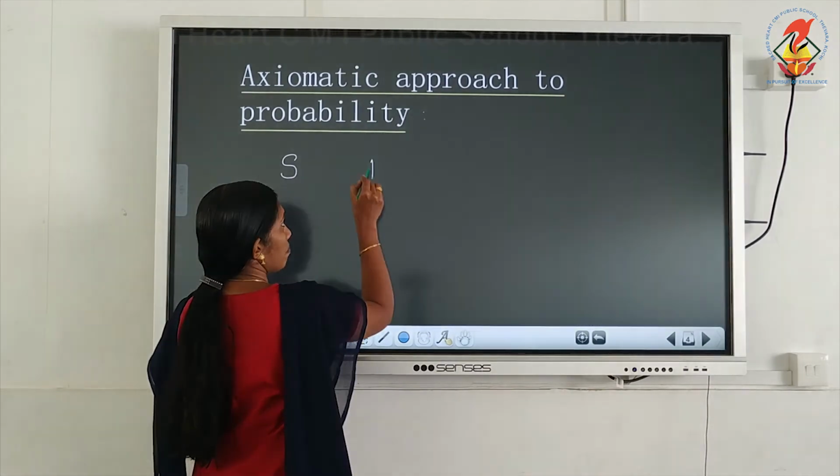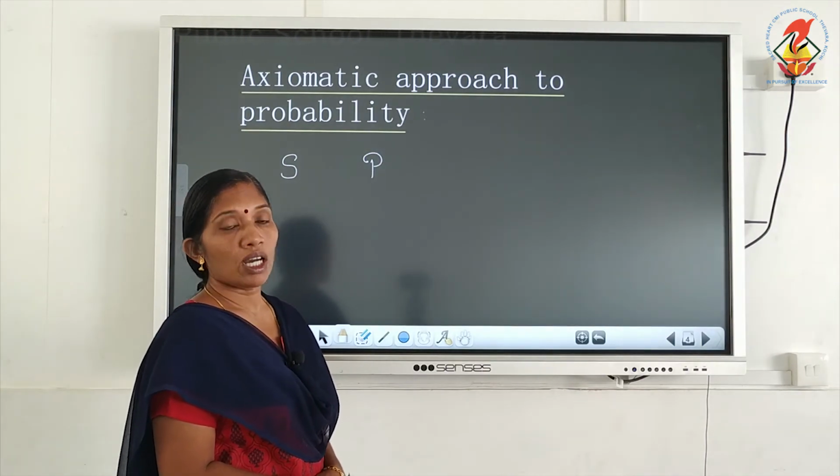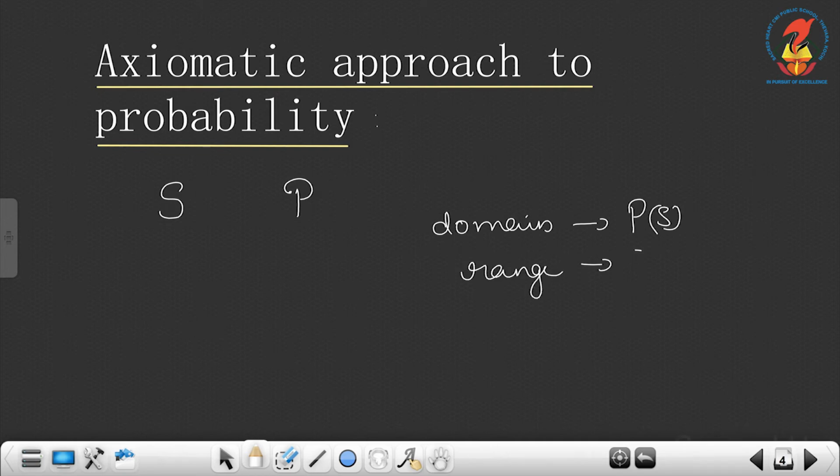Then this P, capital P, is a real valued function whose domain is the power set of S, and range is the closed interval 0, 1.